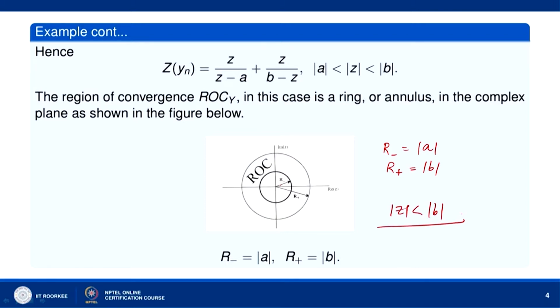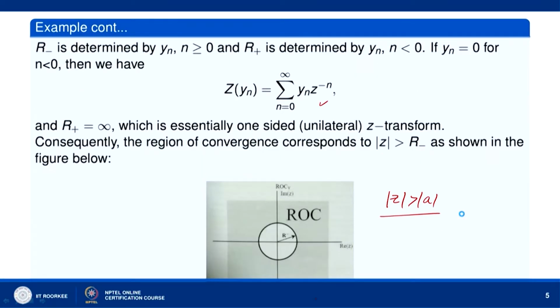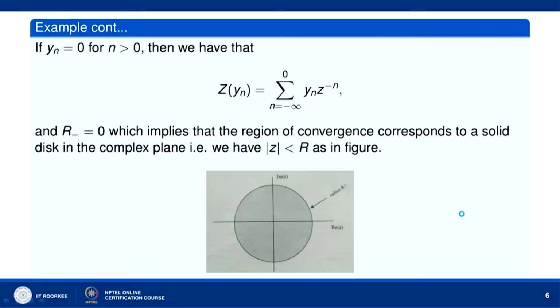The region of convergence will be mod of Z less than mod of B, that is the circular disc. So, the region of convergence corresponds to a solid disc in the complex plane, that is mod of Z less than R plus, where R plus is mod of B.